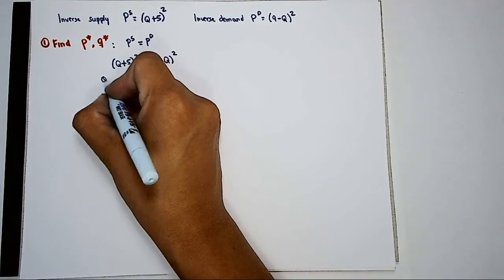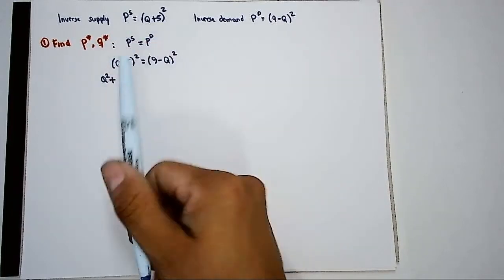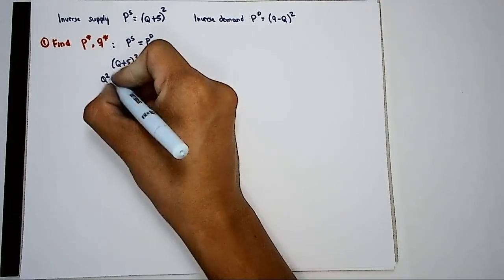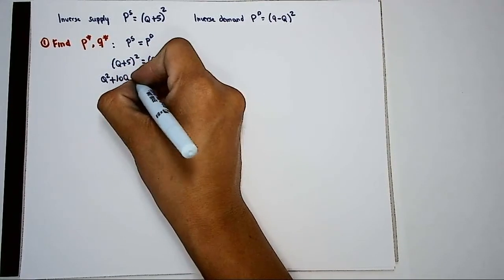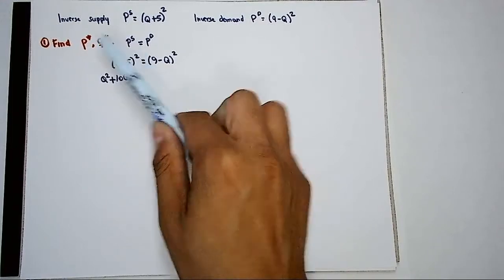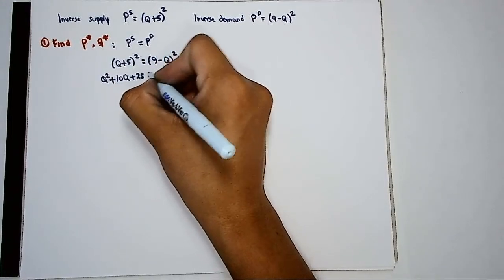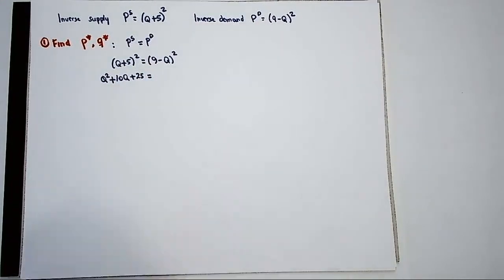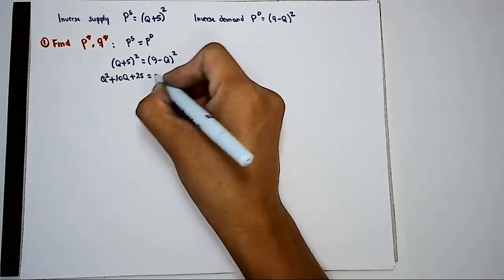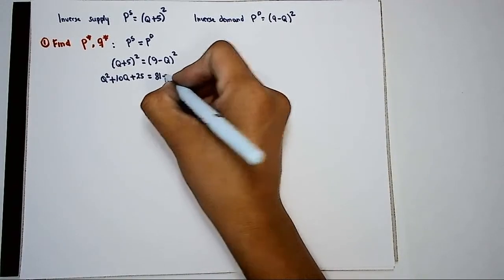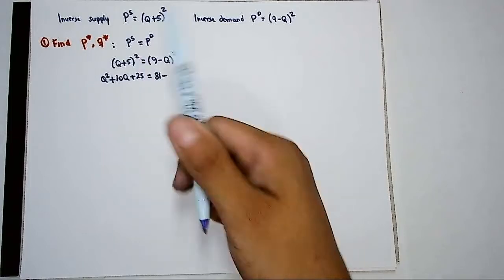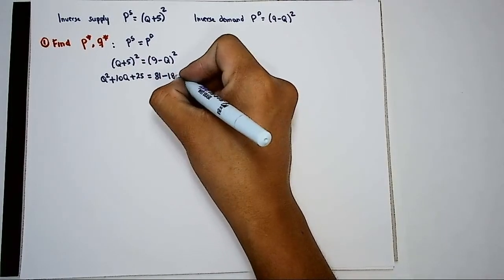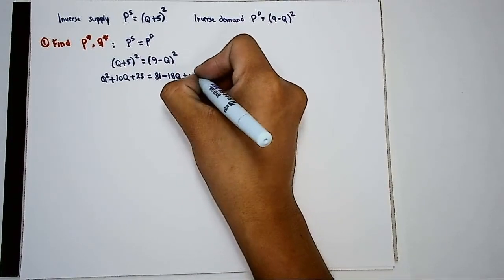This is Q² plus 2 times 5, which is 10Q, plus 5 squared, which is 25, equals 9 squared, which is 81, minus 2 times 9, which is 18Q, plus Q².